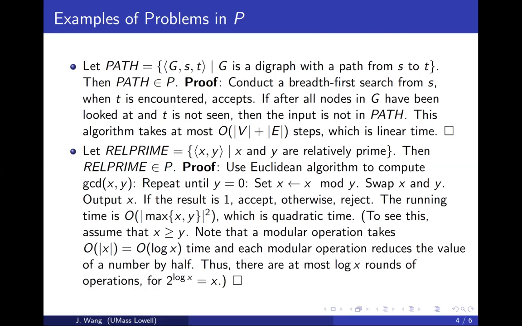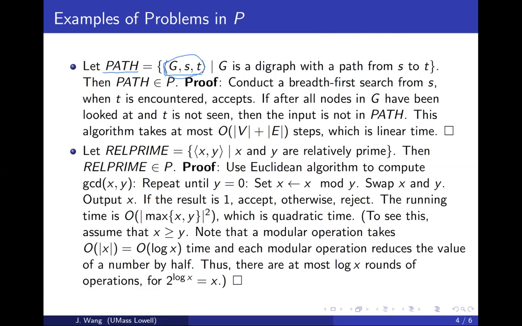We define a language called PATH, which is an encoding of this 3-tuple: you have a graph G, a start node S, and a target node T. Here, G is a digraph, meaning it's a directed graph, with a path from S to T. We put all such instances together and call it PATH.